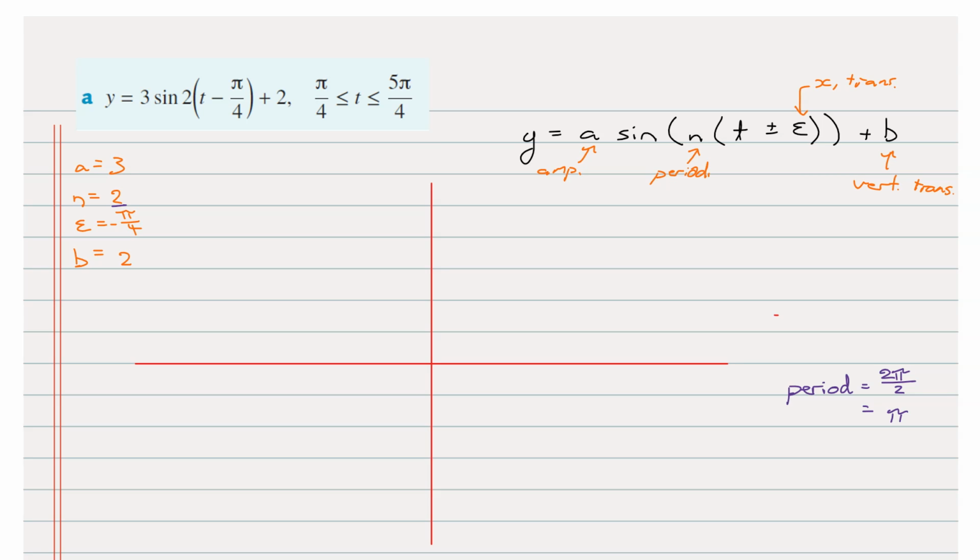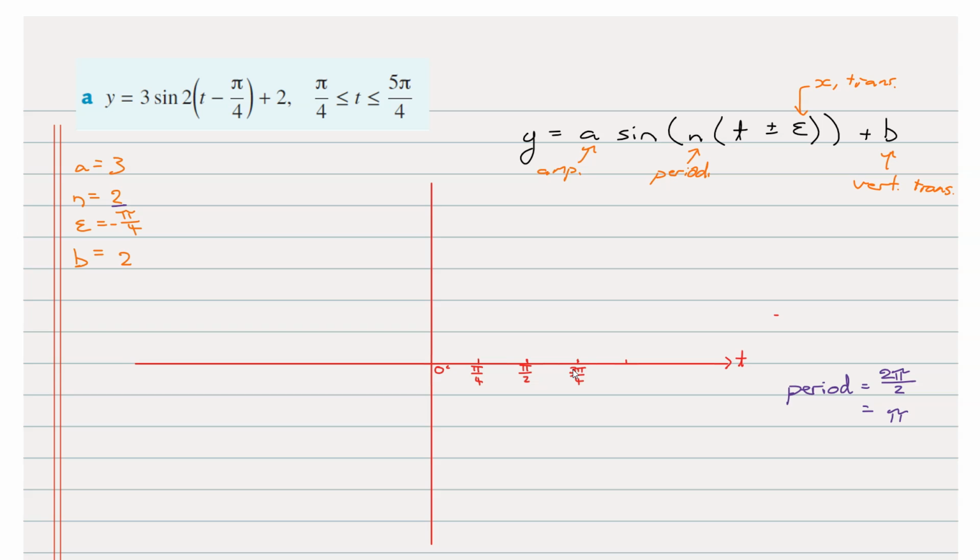So what that means is, if I annotate this graph, the horizontal will be the t-axis. We'll say it starts at 0 radians, then we'll go to pi over 4 radians, then doubling that, we go to pi over 2 radians. Our next one will be 3 pi over 4.